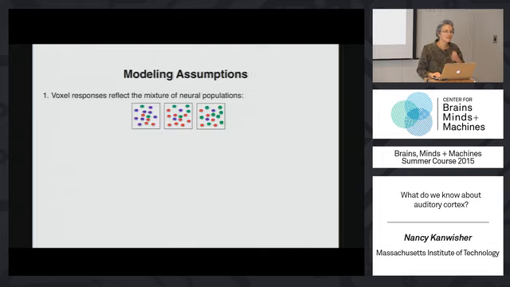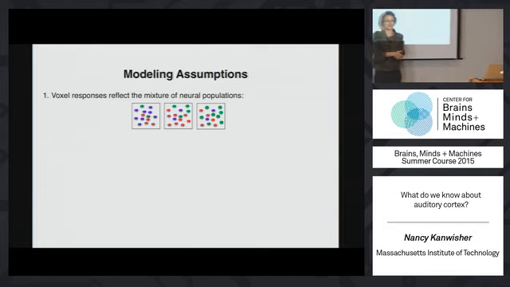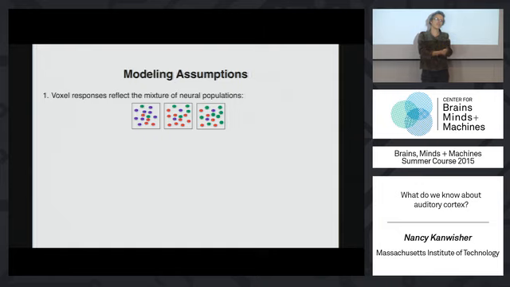Okay, so basically, the assumption of this analysis goes like this. Each voxel, as I lamented earlier, is hundreds of thousands of neurons. So the hope here is that there's a relatively small number of kinds of neural populations, and that each one has a distinctive response profile over those 165 sounds, and that voxels have different ratios of the different neural population types.